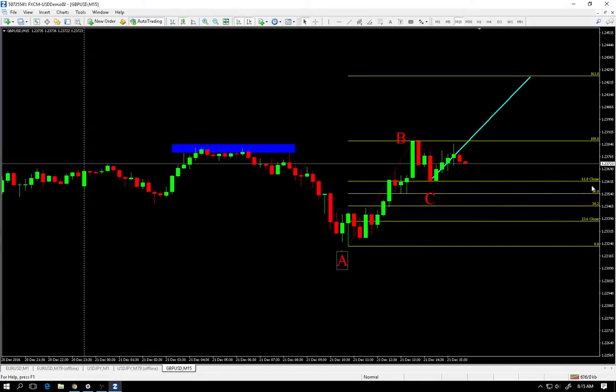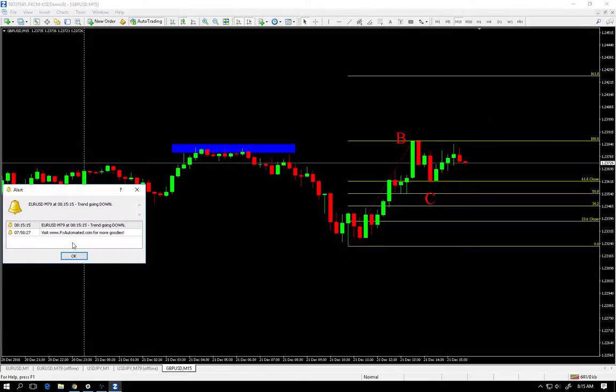Okay, so that's what we'd wait on in a setup like this. Now, what else could price possibly do here? Let's get rid of this. As I'm watching a Fibonacci setup, I'm looking for a potential setup. Price moves up, price moves down, and I'm looking for my C leg to form.